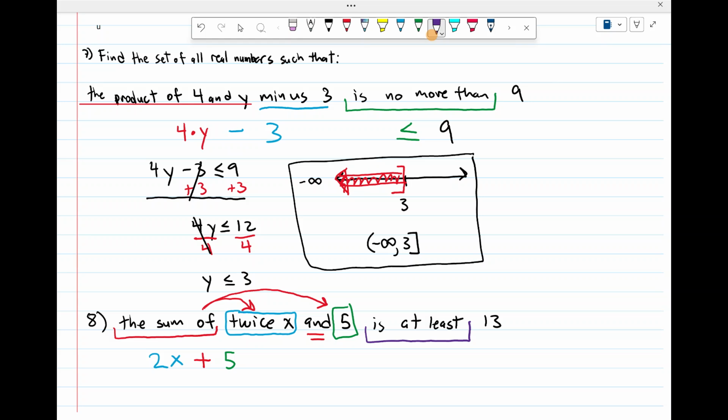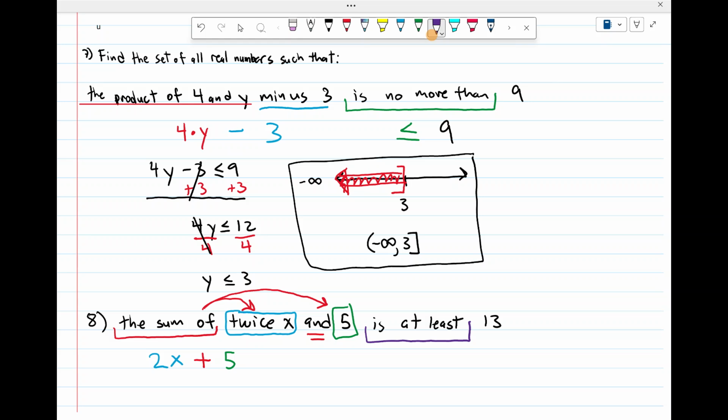What I'm really saying is that the smallest number that I would accept if someone was going to offer me some money would be $13, but I would happily take $13.50, $14, or anything bigger than that. So I would accept $13 or anything larger than that.